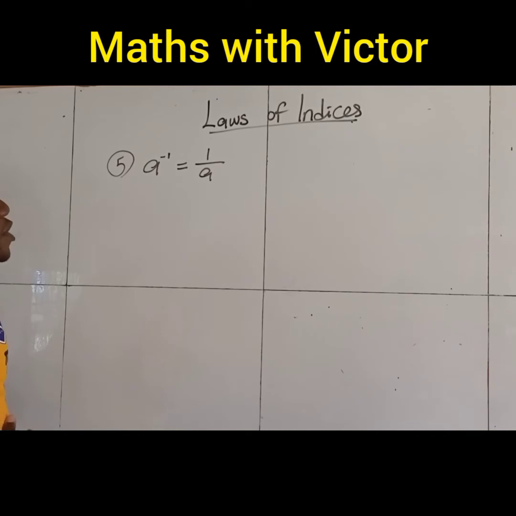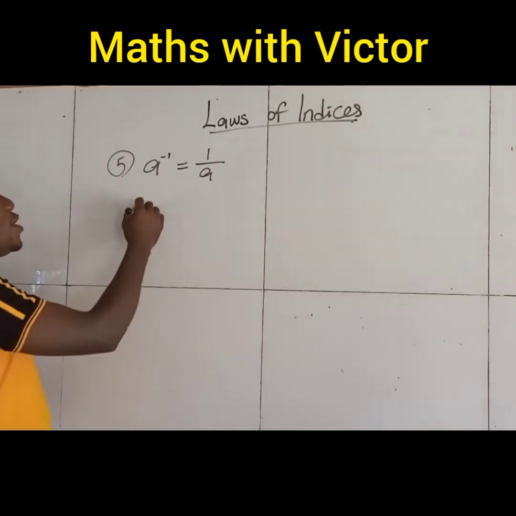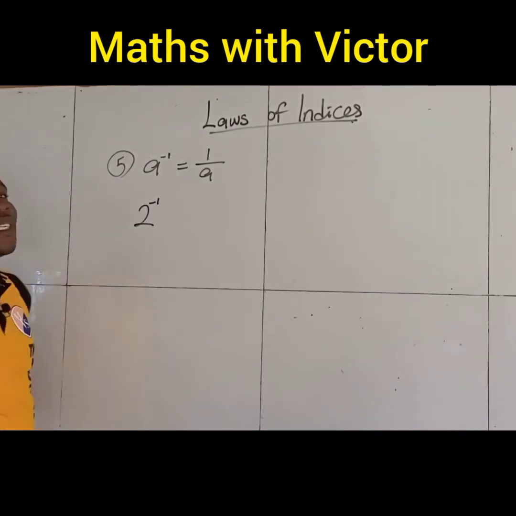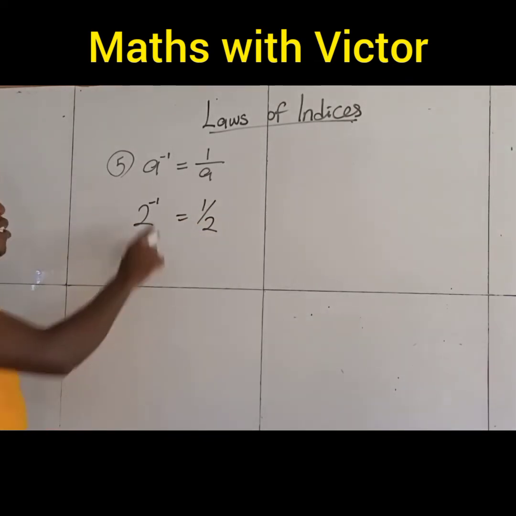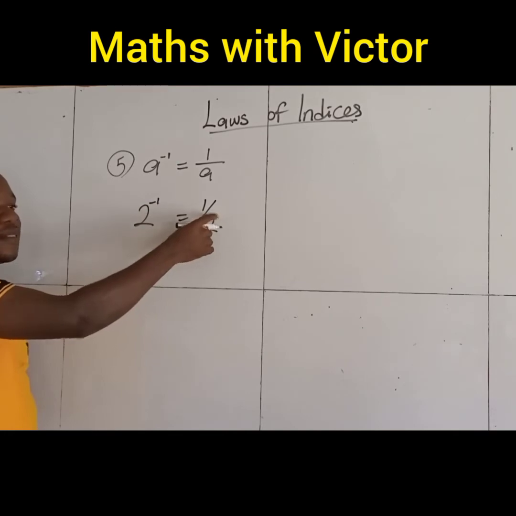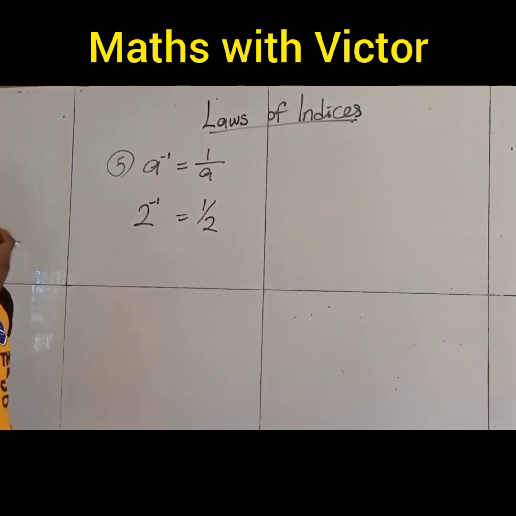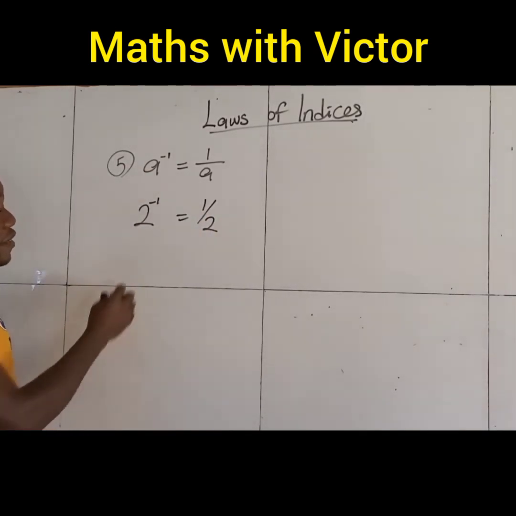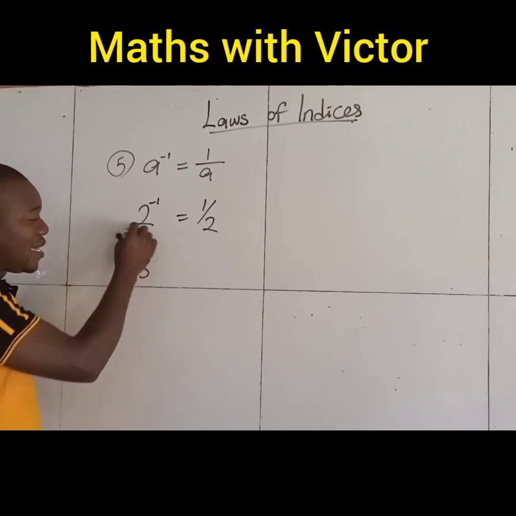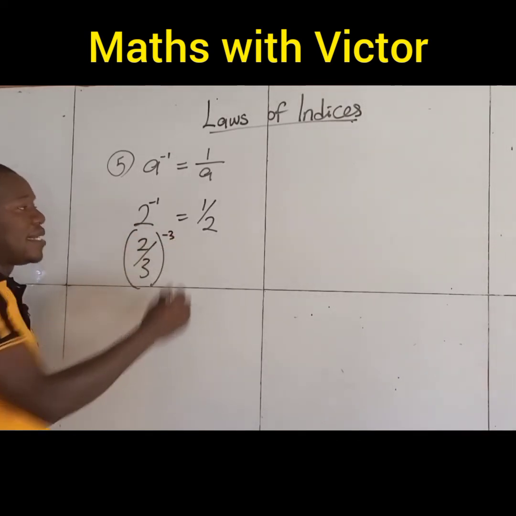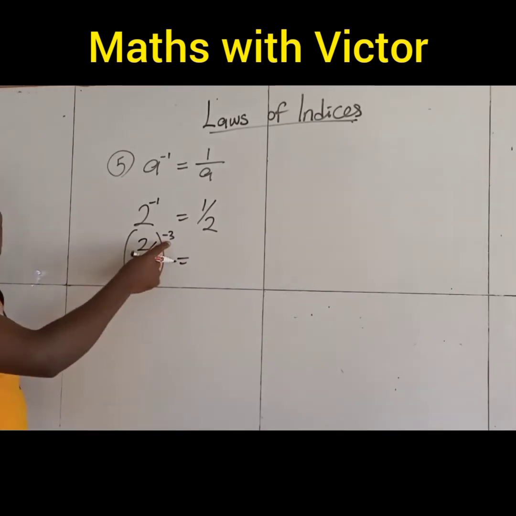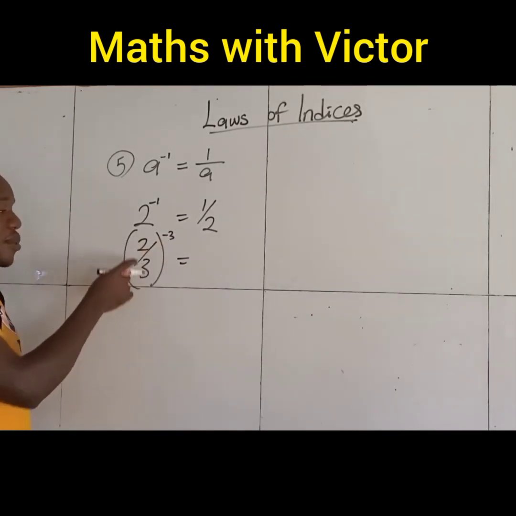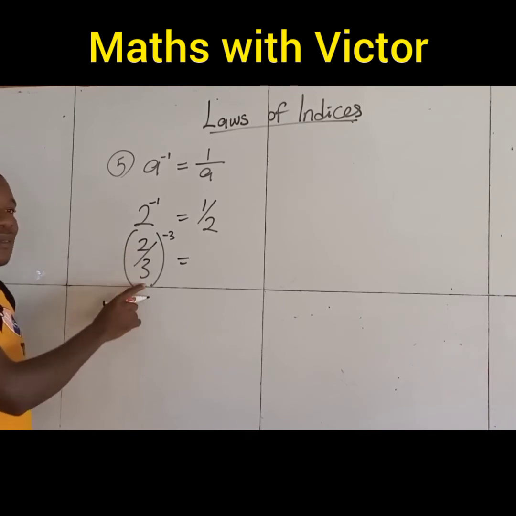A simple illustration of this law, if I have 2 raised to the power minus 1, it's the same thing as 1 over 2. I will change the power from negative to positive, but I will turn 2 upside down. Another illustration, if I have 2 over 3 raised to the power minus 3, negative power of indices, I'm going to change this power to positive, but I will turn this quantity upside down, reciprocal.